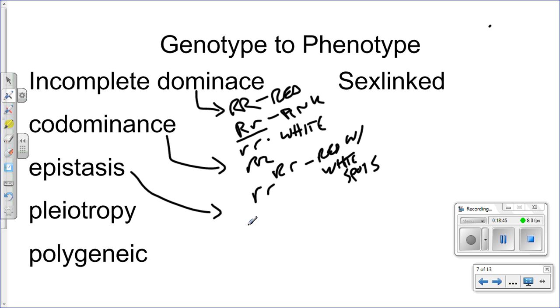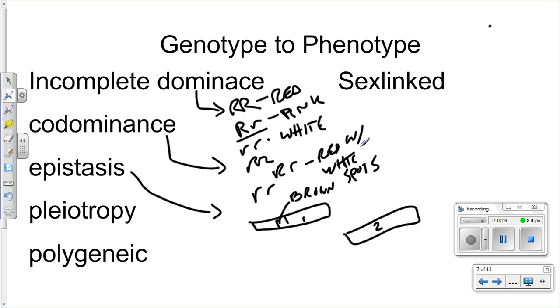Epistasis is when, if we're talking about one chromosome and another chromosome downstream, number 2, this gene right here might code for coat color, and it might say we need to make the coat of this individual brown. But down here at number 2, this one says whether or not melanin is distributed.